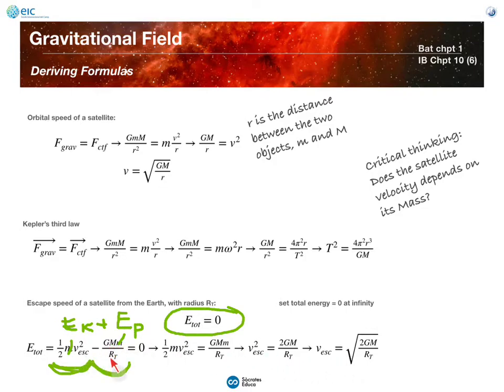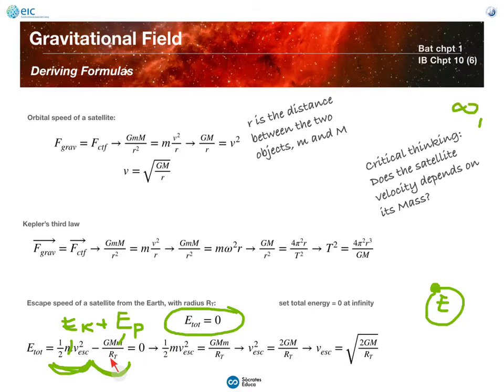Why do we choose the Earth here? Well, because you've got a satellite just at the surface of your planet. Imagine that this is the Earth. You've got Houston, let's say, that is delivering a satellite in orbit, and it wants the satellite to escape the gravitational attraction of the Earth. So Houston wants to deliver the satellite so that it gets to infinity.